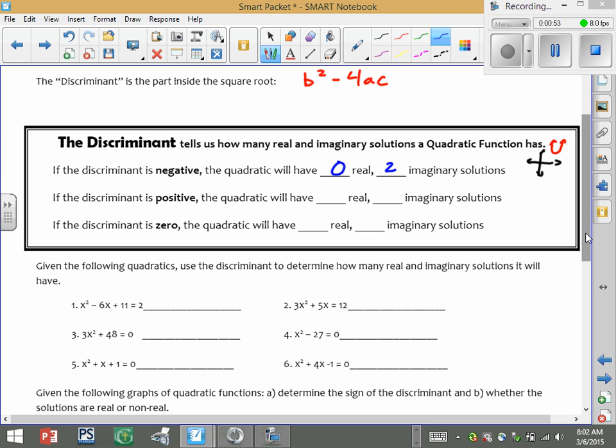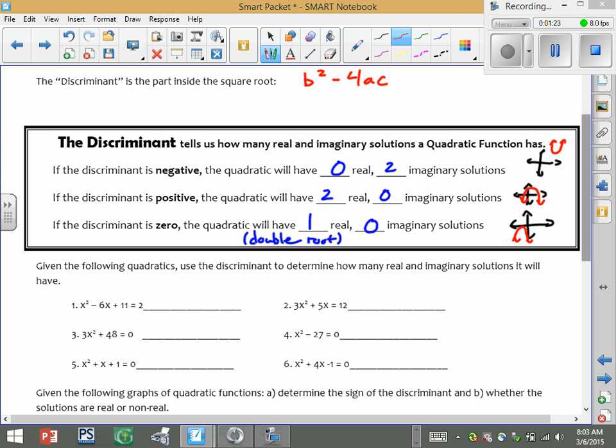If the discriminant is positive, it has two real and no imaginary solutions, so it'll touch the x-axis twice. And if it is 0, there's one real and 0 imaginary solutions. This is what's called a double root, and we've seen this as well. That's just where it'll touch the x-axis, but that's it.